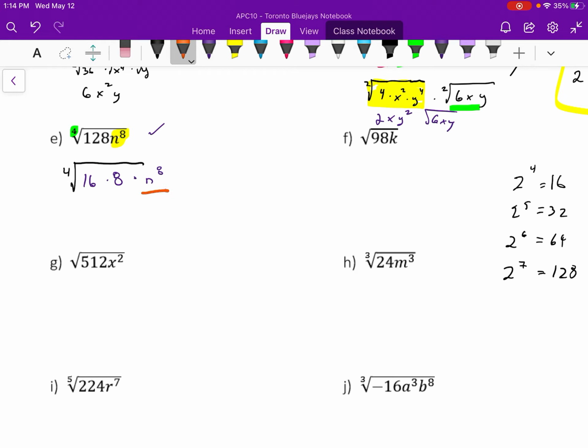Notice I have established that I can take the 4th root of n to the power of 8, and I can take the 4th root of 16. So as a small step, I'm going to reorganize my factors as 16 times n to the power of 8 times 8. And I'm going to split up this radical. I'm just going to rewrite it.